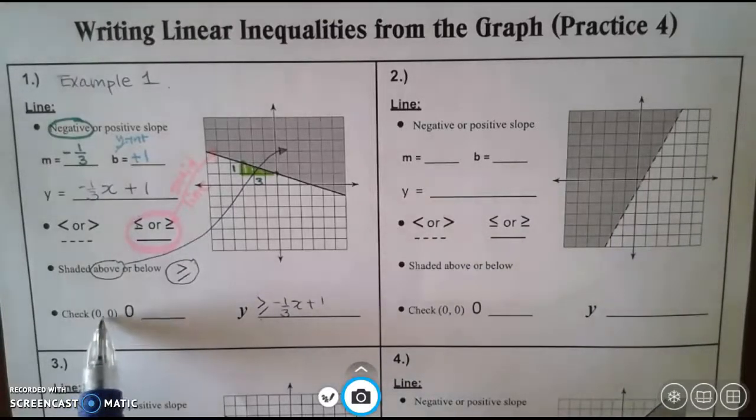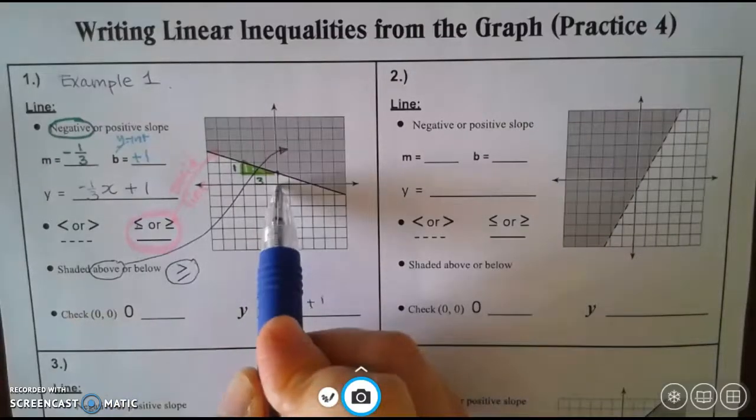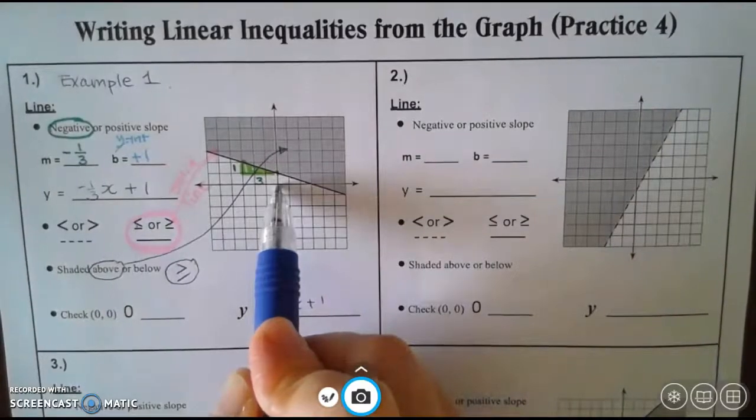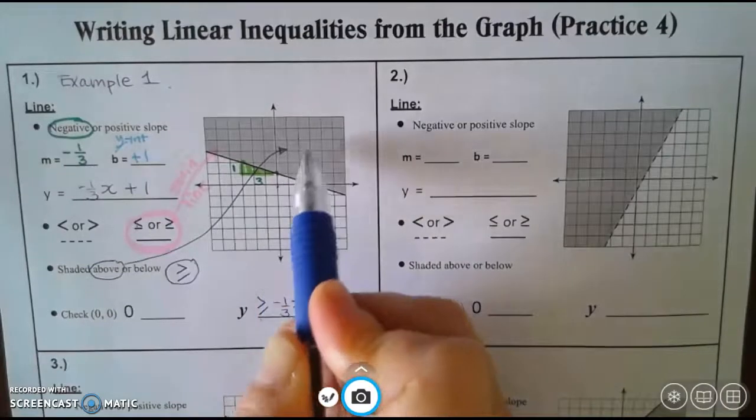So I check with (0, 0) by substituting it in. Look at (0, 0). Is this part of the shaded region? No, it's not. (0, 0), the origin, is right here. It's not shaded here.